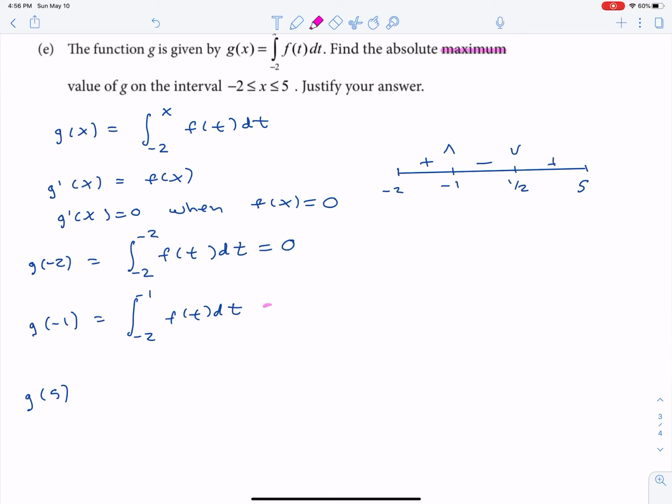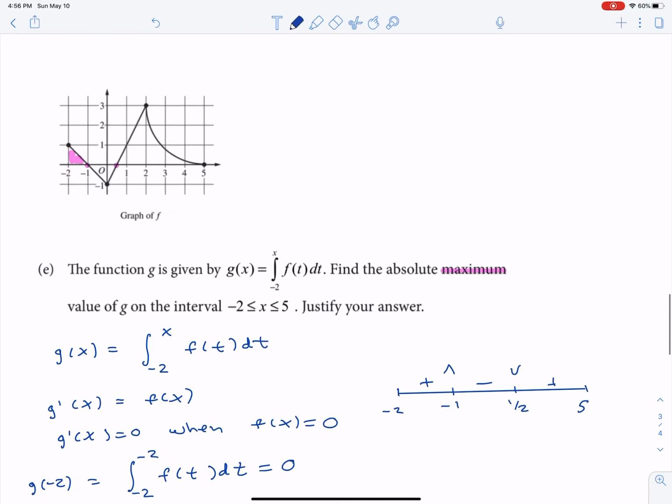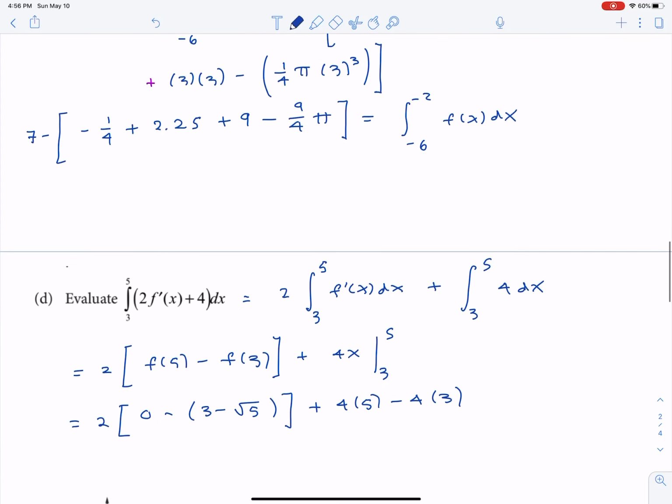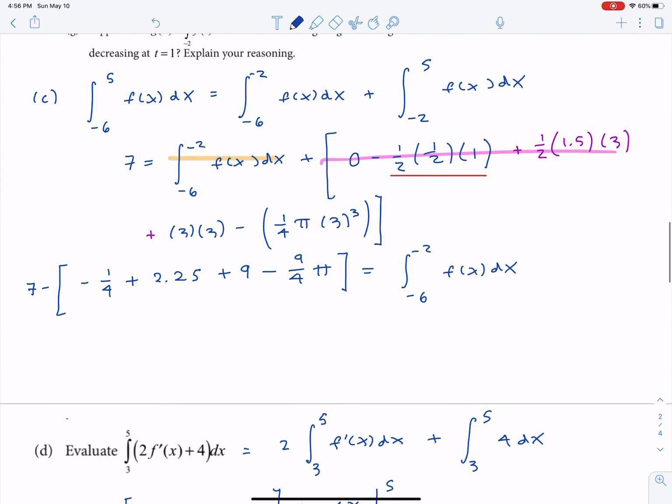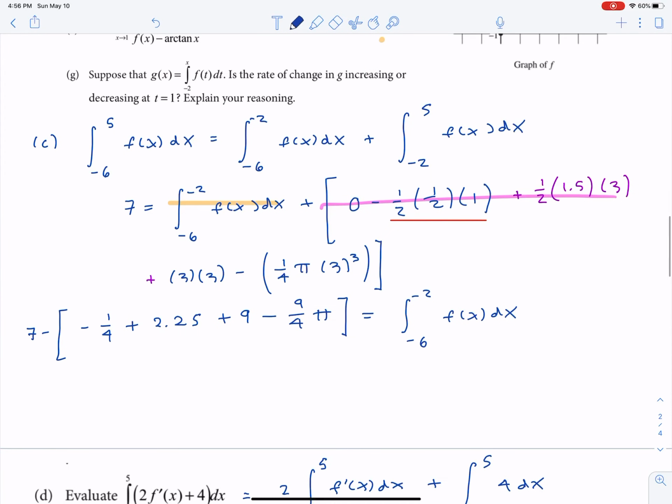So the whole thing is positive 1/2. And then g of 5, which we've actually already done, right? We've actually already figured this out before. Very conveniently, right? Where did we do that? We did that here, right? All this stuff right here.